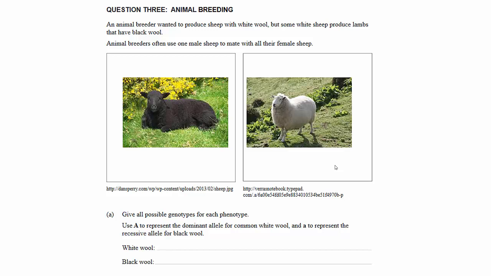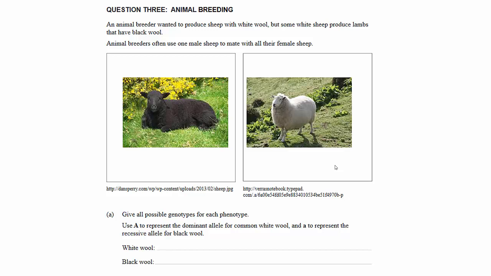Remember that genotypes are how the alleles are arranged genetically, and the phenotype is how the physical appearance is displayed. So the capital A is representing the dominant allele for white wool, and the lowercase a represents the recessive allele for black wool.